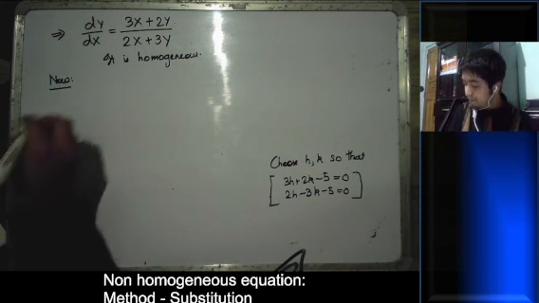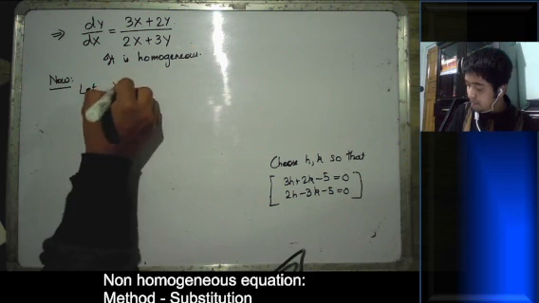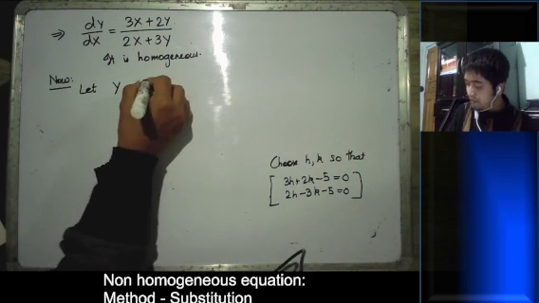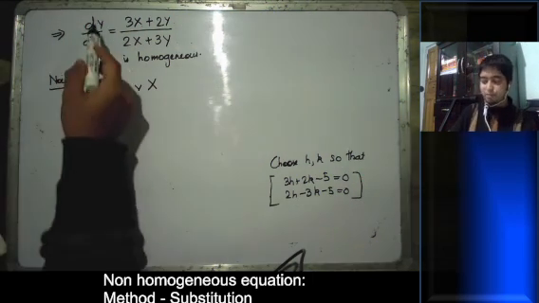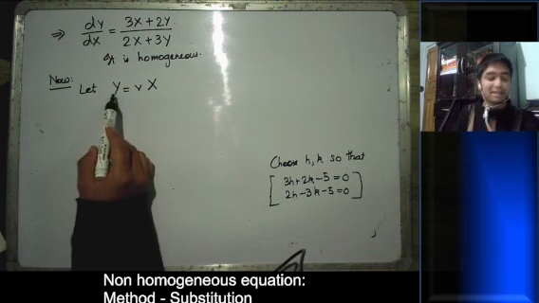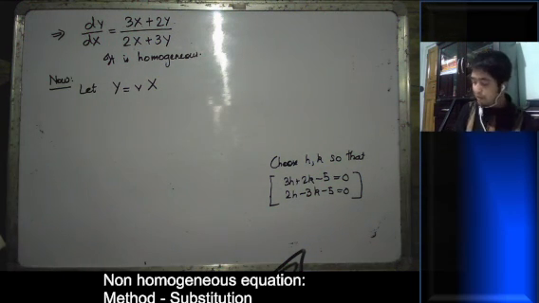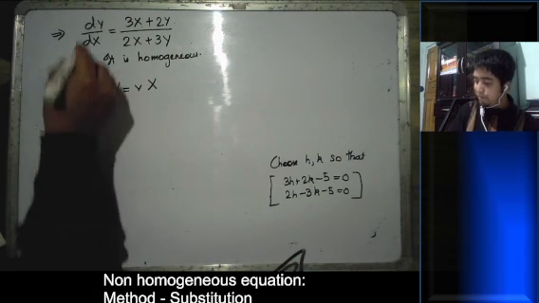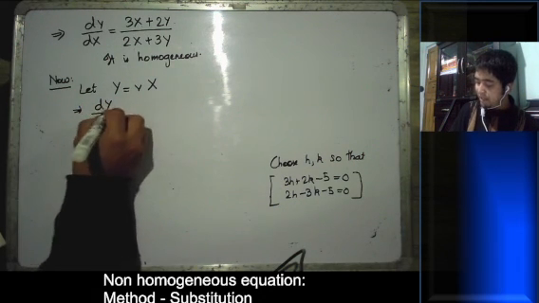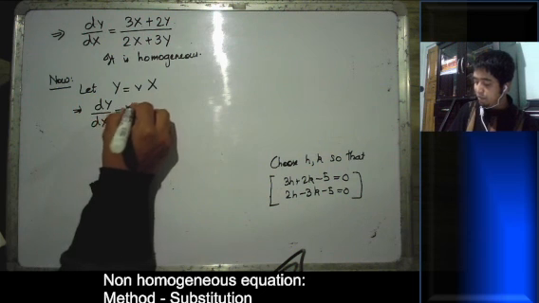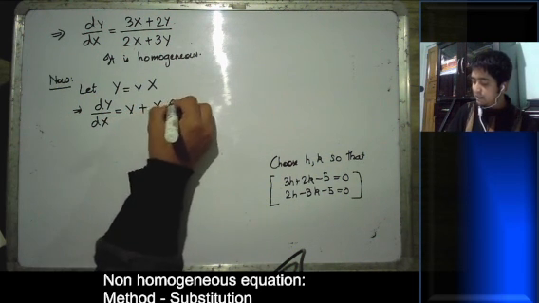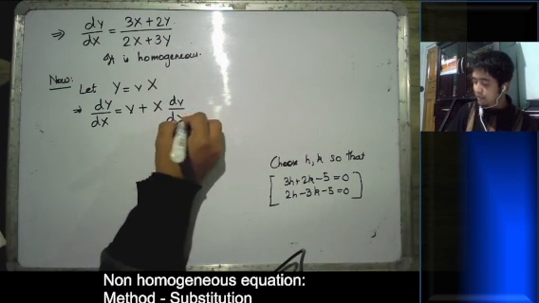Now let Y equal v capital X. When it was small y small x, we write it as y equal vx. So similarly over here. Okay, so if you write it down, we will be needing dY/dX, which will be v plus X dv/dX.